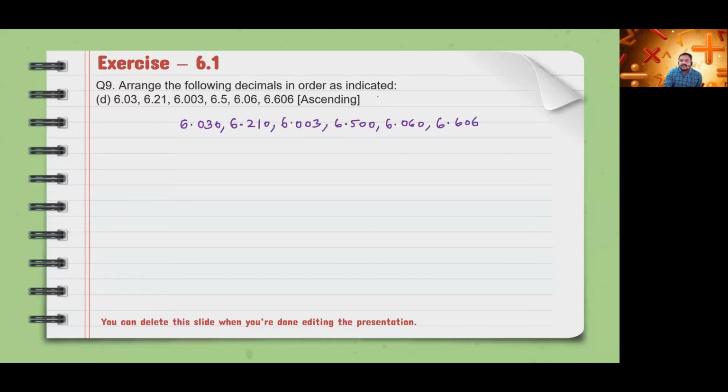Yes, now it says ascending. What is the meaning of ascending, beta? It is increasing. Yes, you have to write these numbers in increasing order now. Tell me which one will come first.